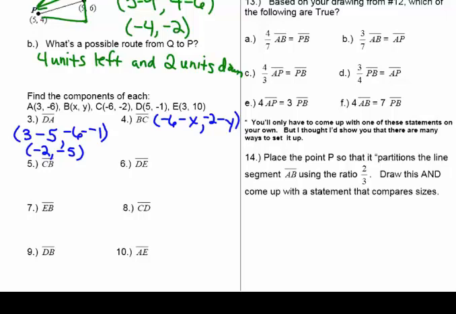So in this case, we are not finding an actual value. We're just using the expression. So any of the components that involve the point B are going to be expressions, and all the rest you'll be able to find numerical values. So go ahead and finish 5 through 10, and we'll come back to this.